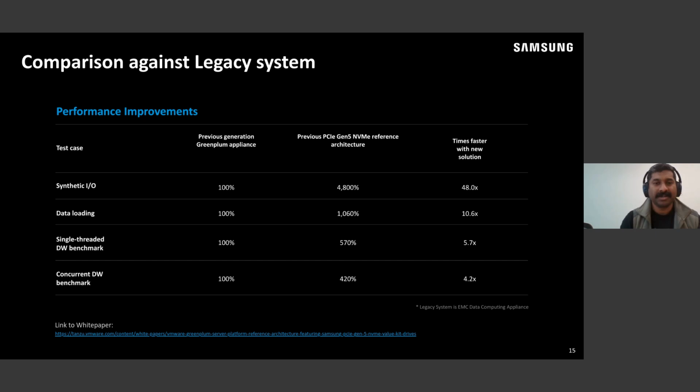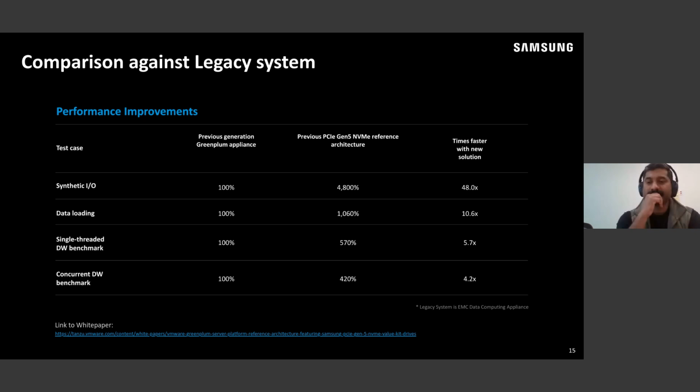All right, so this is something we have recently published, a joint white paper. Ivan has brought up some information based on the previous Greenplum architectures which we have used. Ivan, do you want to quickly take us through that? Yeah, this is really comparing the current hardware to the data computing appliance, which has been no longer available for about 1 or 2 years.